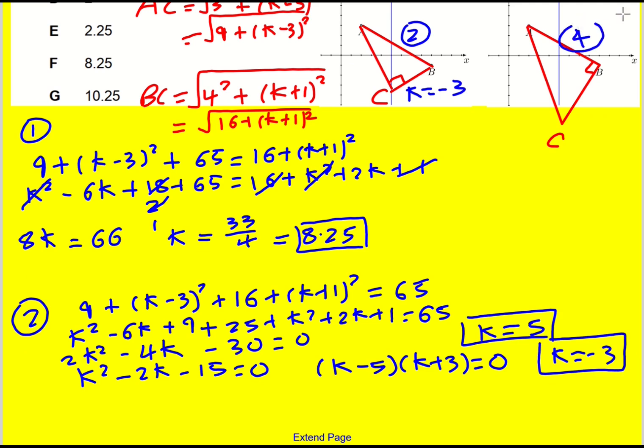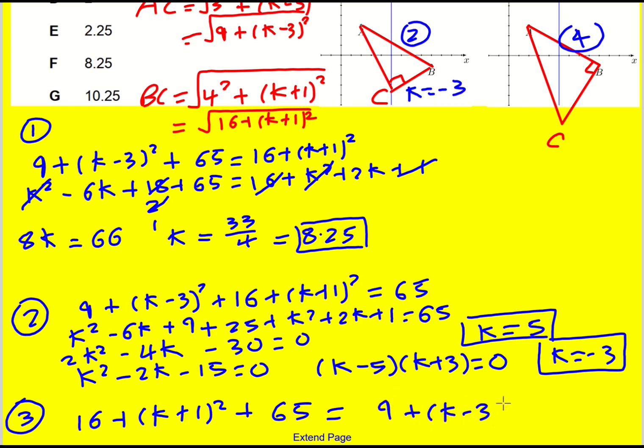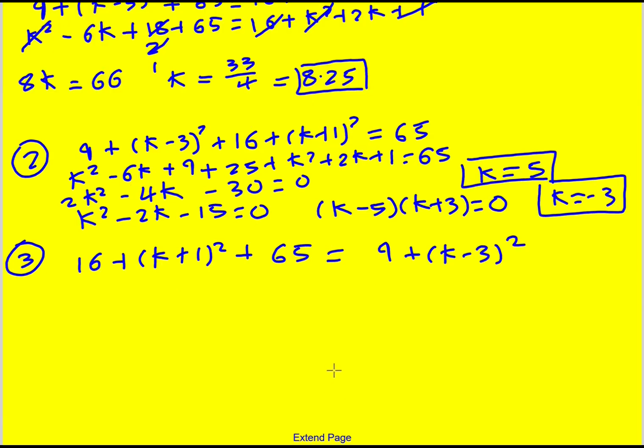And that leaves us with this final one. So the right angle is now at B. So it's going to be 16 plus k plus 1 squared plus that root 65 squared is equal to AC squared, 9 plus k minus 3 squared. Sorry, I said it was 3, and then I think I labeled it 4 here. Apologies. Okay, I'll call it 3 now because 2 gave us 2 answers.